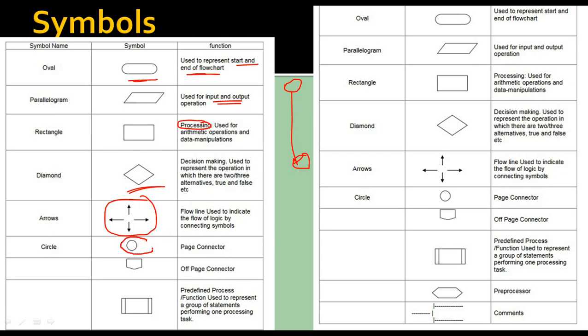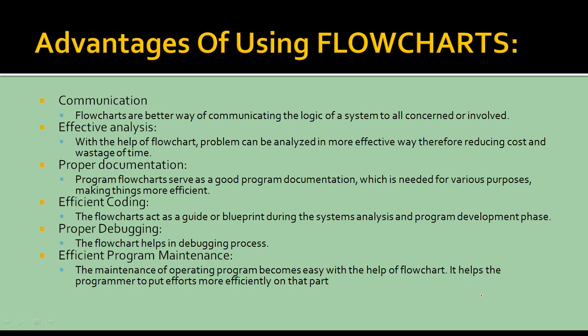Then there is a circle for the page connector, which means if our flowchart breaks because of a page end, on the next page we start our flowchart by drawing this. Then the off-page connector, then the predefined process symbol. Then there are preprocessor directives, and a comment. If we need to give additional information about a particular line or symbol of a flowchart, it can be shown in that comment section.